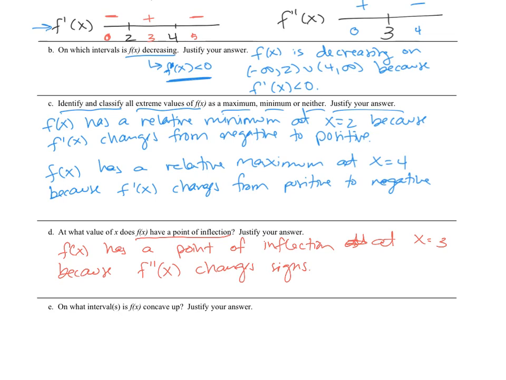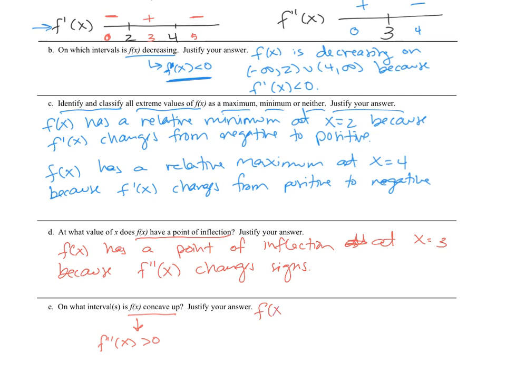E says, on what intervals is f of x concave up? Well, f of x is concave up when the second derivative of f is positive. And again, looking at my sign chart, which is up in that corner, I can see that f double prime of x is positive to the left of 3.